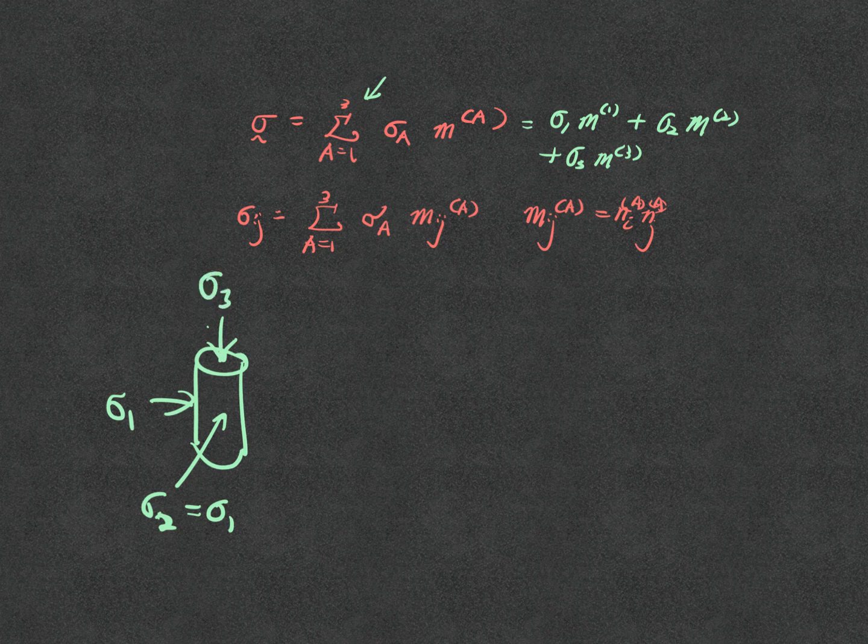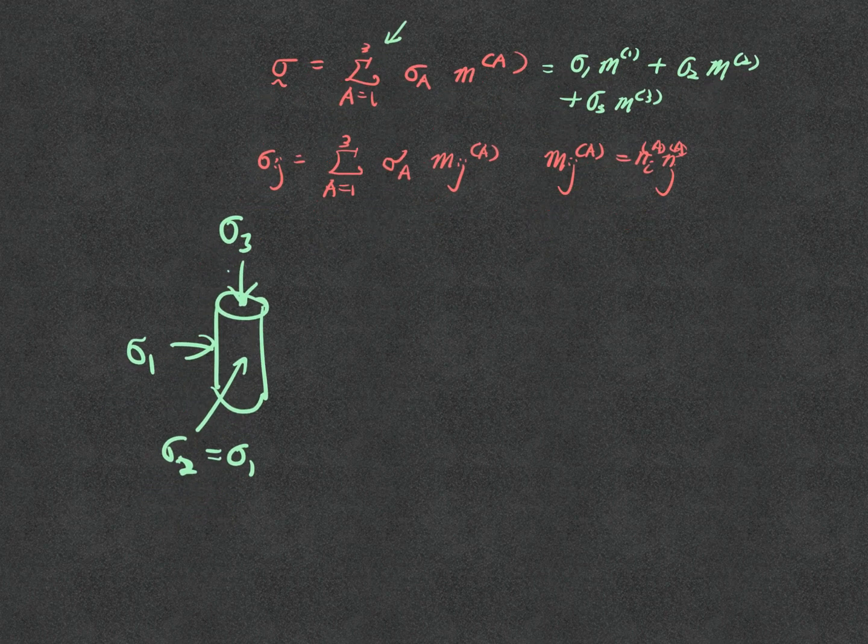Okay, how do I express this stress? Now, what are the eigenvalues? The eigenvalues are sigma 1, sigma 2, sigma 3, or sigma 1, sigma 1, sigma 3. Does that make sense? Okay, what are the eigenvectors?